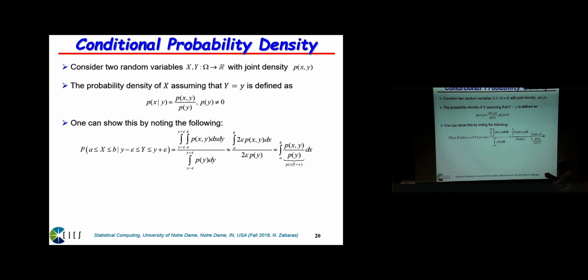Now, I integrate around Y, so really I can get rid of the integration over Y and put a 2 epsilon there. So the 2 epsilon cancel out, and I put this inside the integral because it doesn't affect it: it is variable in Y, and this is integration in X. And you can see I get the joint density of X and Y divided by the marginal of Y, and I call this the conditional density of X given Y.